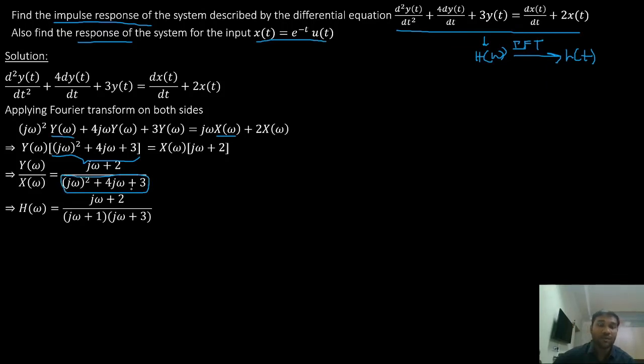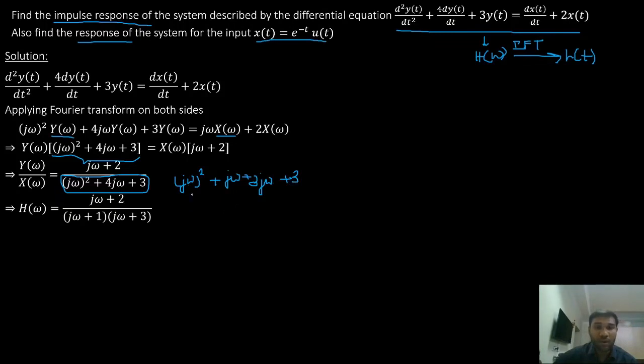So I am trying to rationalize, or factorize, this denominator. How do I factorize this denominator? I can write the denominator as (j omega) whole square plus 3 j omega plus j omega plus 3, right?